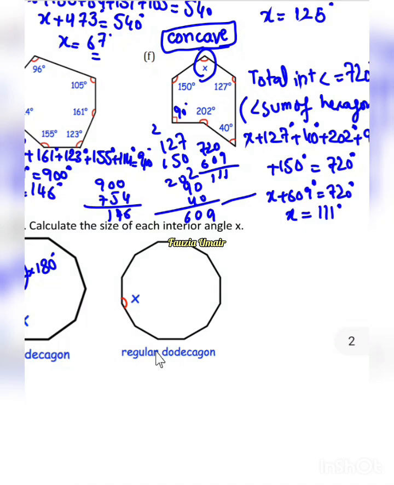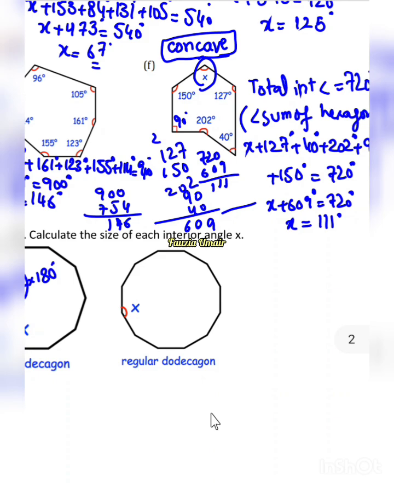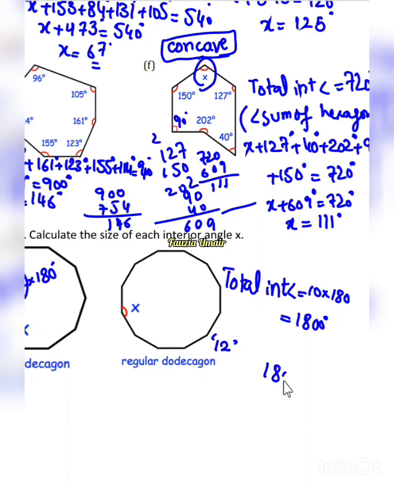Alright, so the last part is regular dodecagon. A dodecagon is basically a shape with 12 corners. You can see from the above also. So in a 12 corner shape, the total interior angle would be 12 minus 2, so 10 into 180. So it is 1800 degree. So now I can find the size of one angle by dividing the total angle by the number of sides.